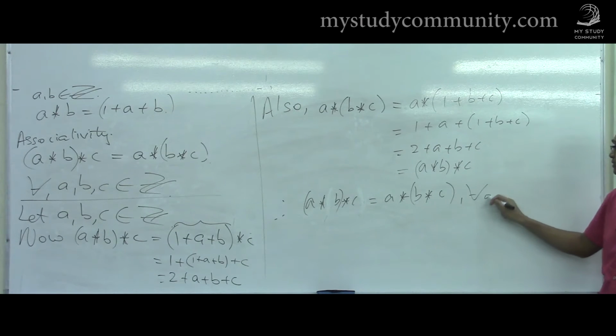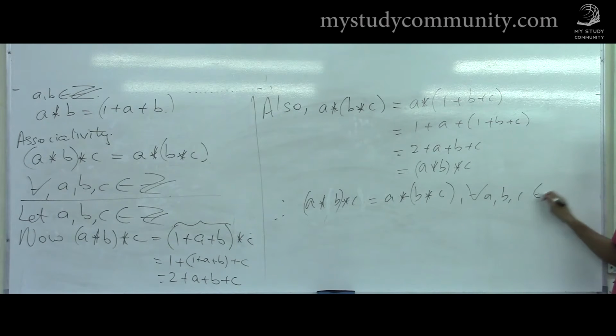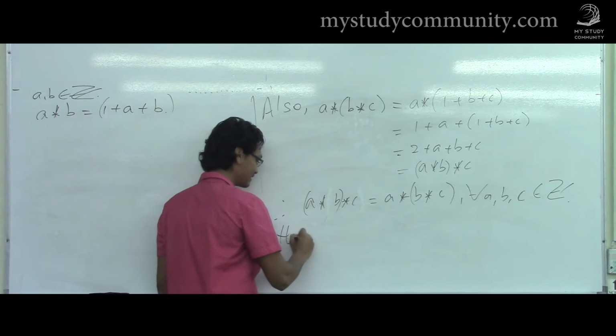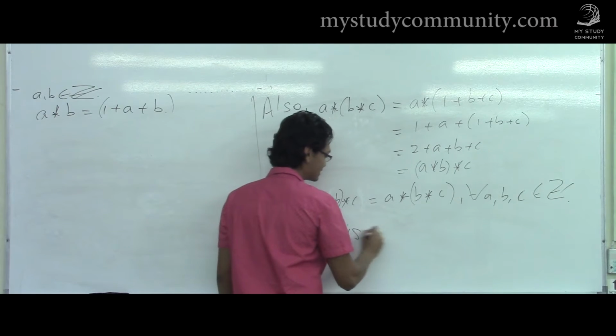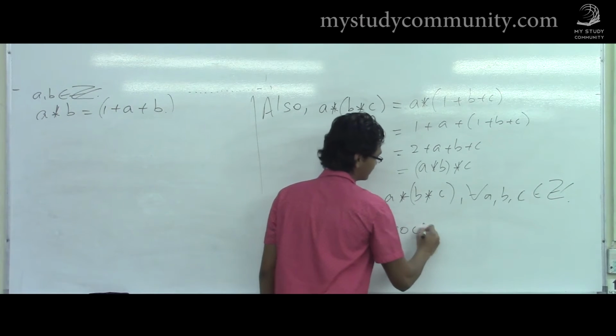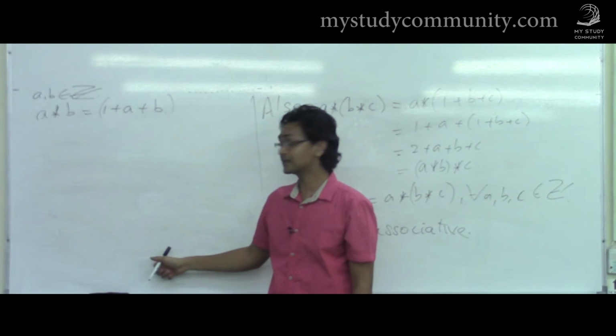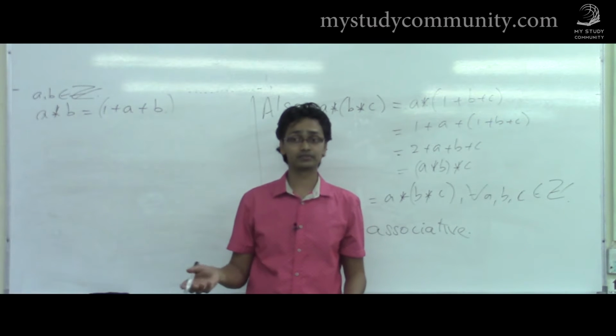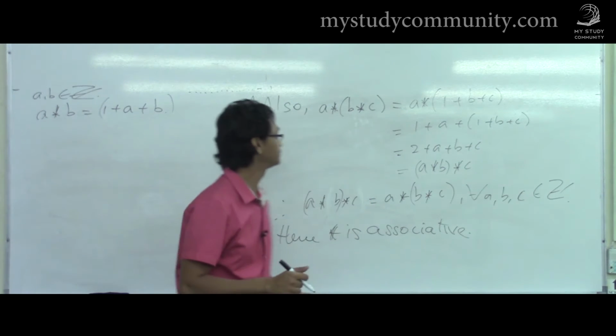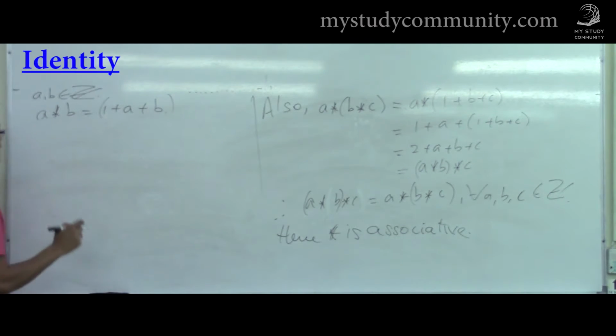Well done. Therefore, hence, star is associative. Yes? As well as at the bottom here, please write therefore star is commutative. Thank you very much. So now we go for identity.